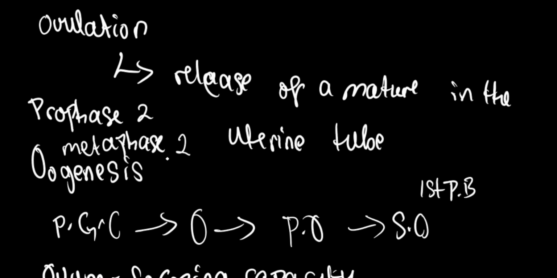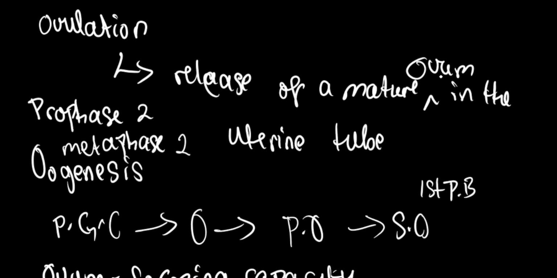It is arrested at metaphase 2, and when it's arrested there, it's released into the uterine tube. So we can't exactly say that what is released into the uterine tube is a mature ovum. What is released is a secondary oocyte at metaphase 2, not a mature ovum.